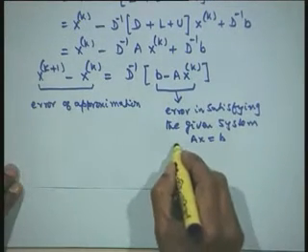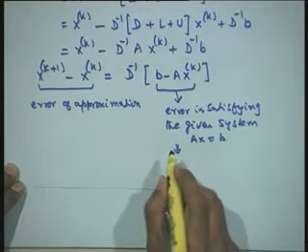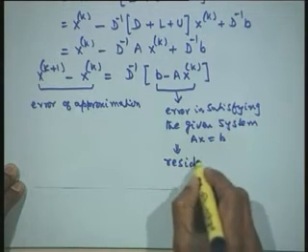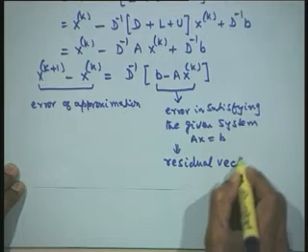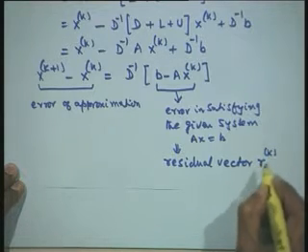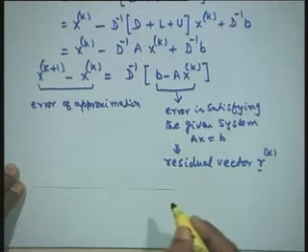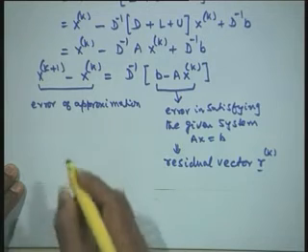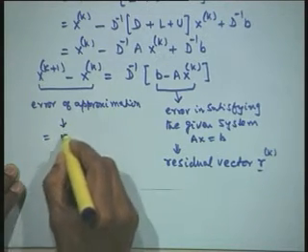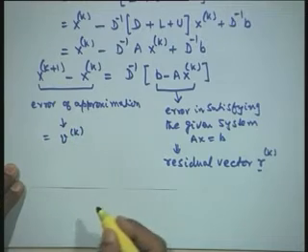This is called the residual of the system. So, we call this the residual vector and give a notation to it as vector r k. This is a vector r of k, and this is the error of approximation, which we shall denote by v k.